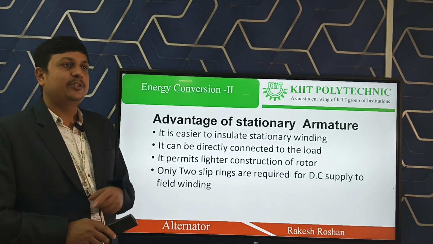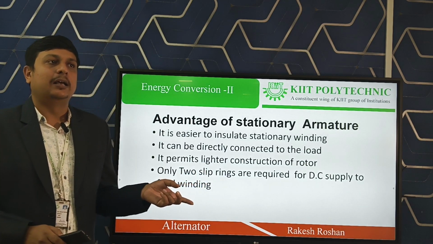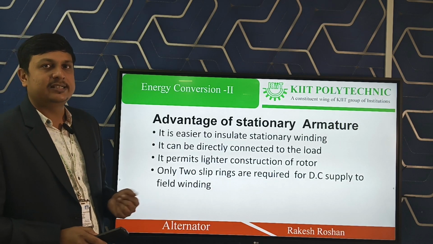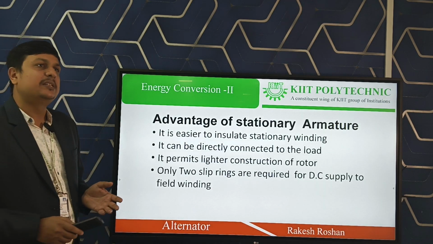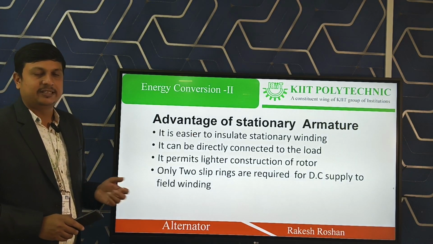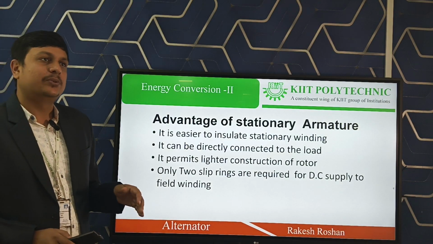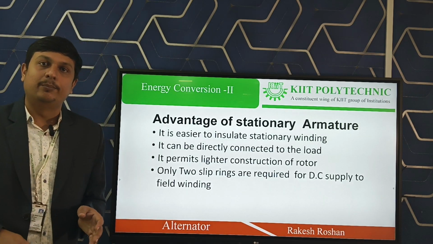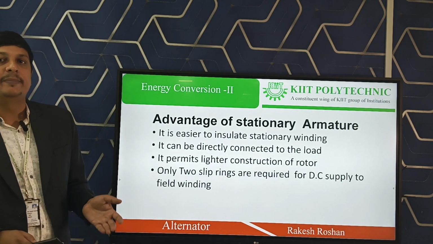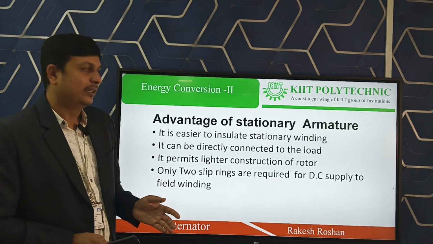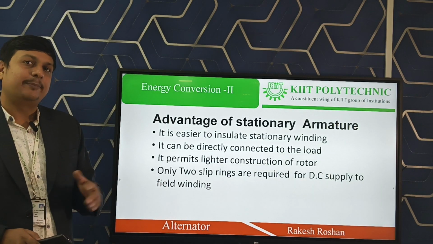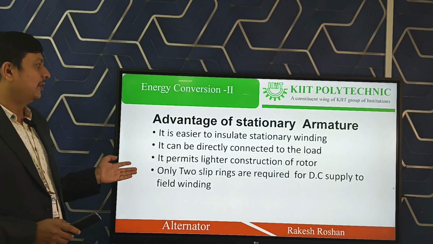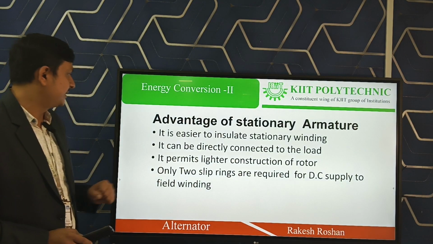In DC generator, the armature is placed in the rotor, so we fetch power through brush and commutator segments, where continuous sparking happens. That's why maintenance of DC generator is more, and it requires frequent maintenance at regular intervals. That does not happen in case of AC generator, where the armature winding output is produced in the stator.